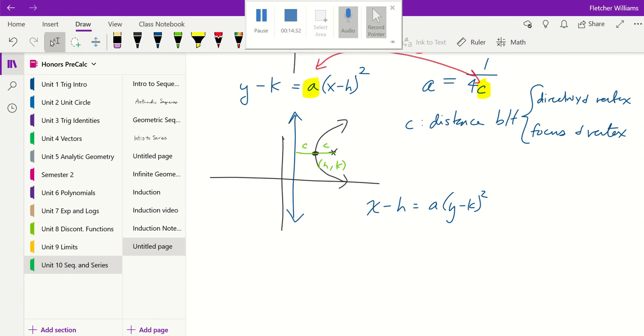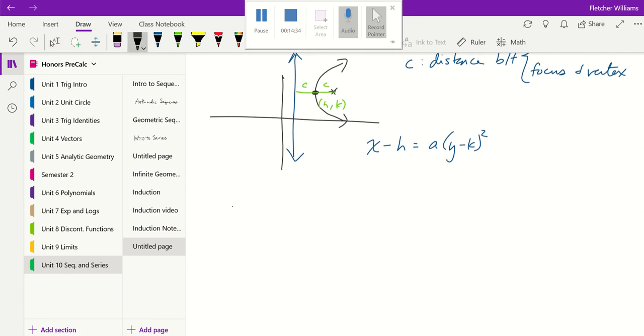What about hyperbolas? Oh wait, what's the last conic section? Hyperbolas.